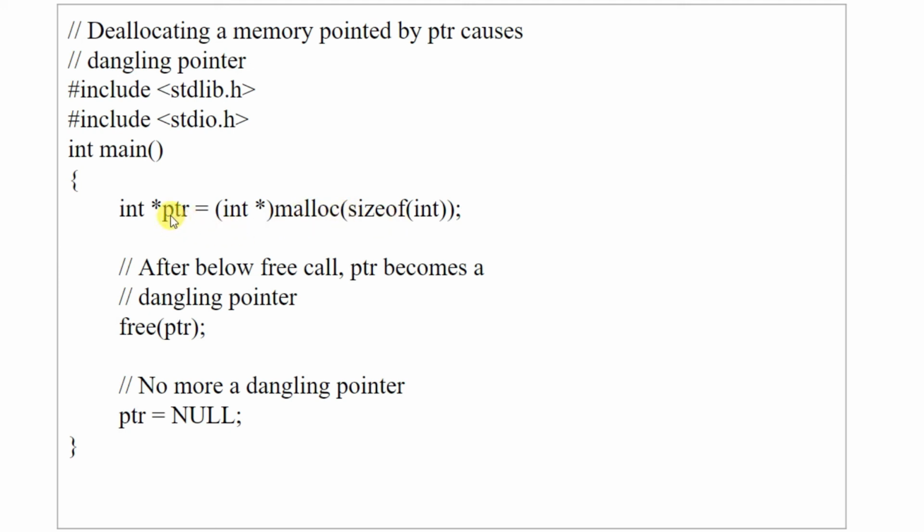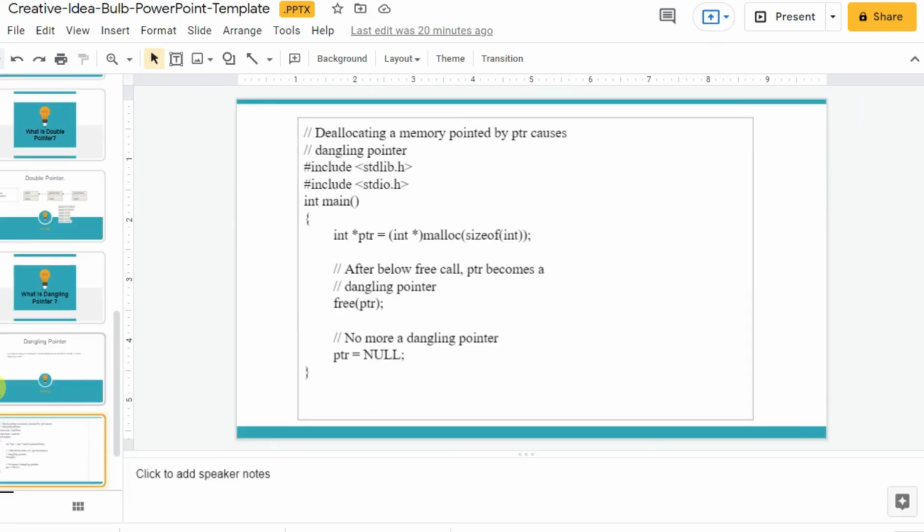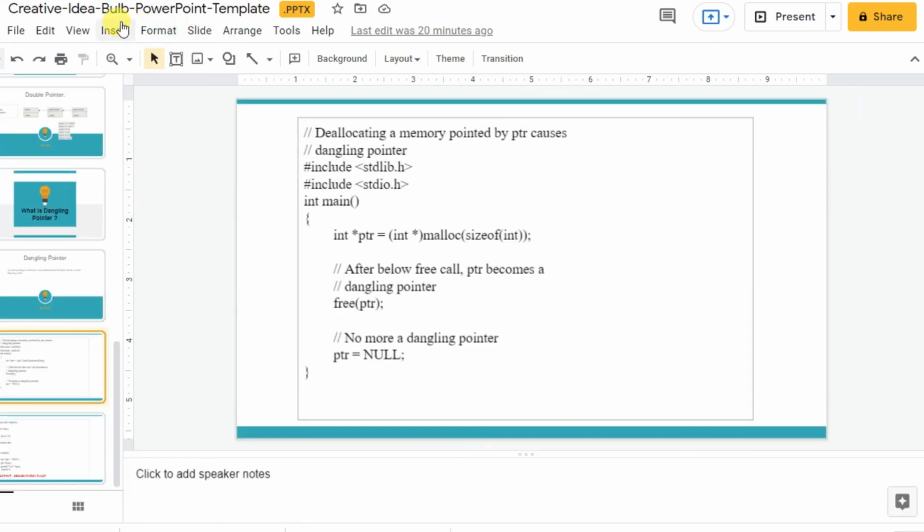Okay, and after allocating the address, that memory is freed. So you are allocating some memory address to the pointer, and then you are deleting that memory. Still, that pointer is available over here. It means, let me show you on this PPT.